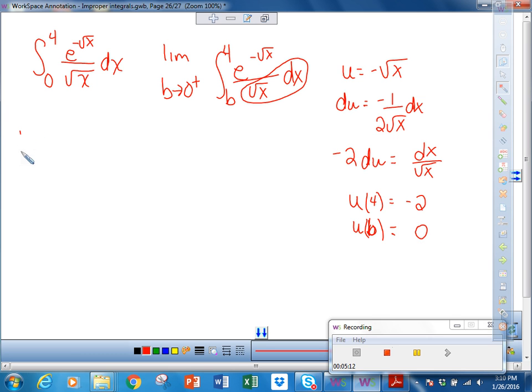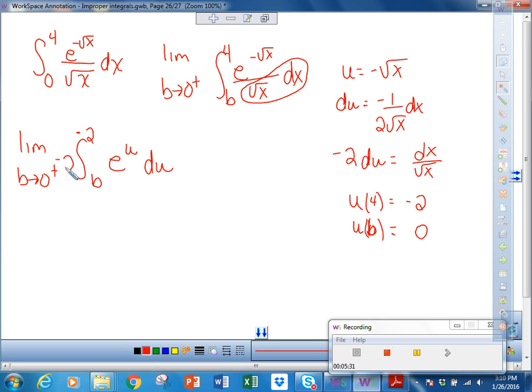So I have the limit as b approaches 0 from the right of the integral from 0 to negative 2, because of this, of e to the u du.